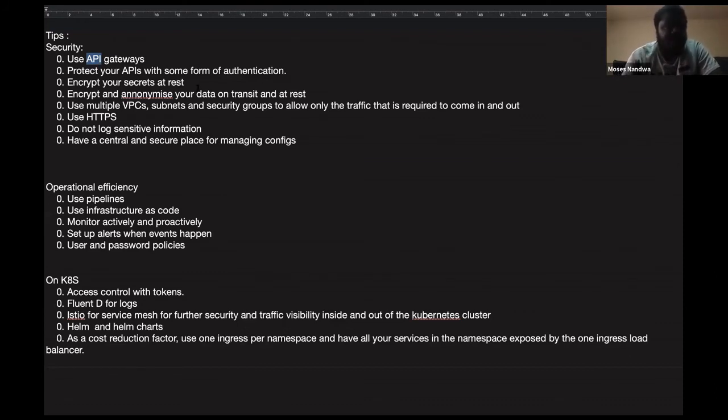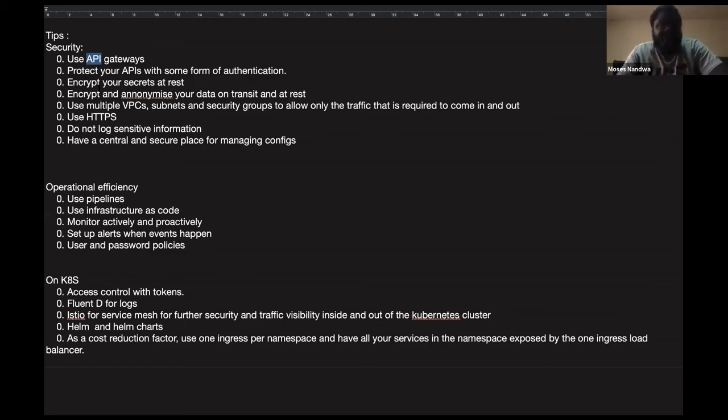Next, when you're using Kubernetes, encrypt your secrets at rest. The same thing applies for the data. Encrypt and anonymize your data, especially sensitive data, in transit and at rest. This is again mitigation in case a malicious person gains access to your system. You can mitigate what they are able to do.